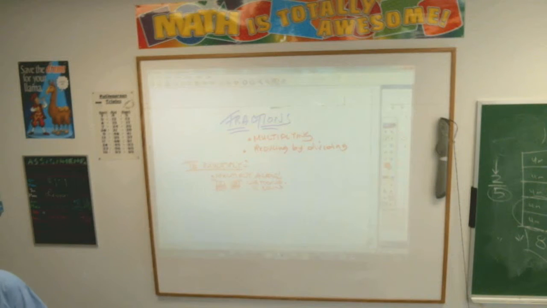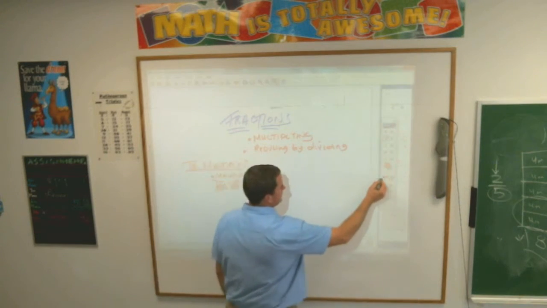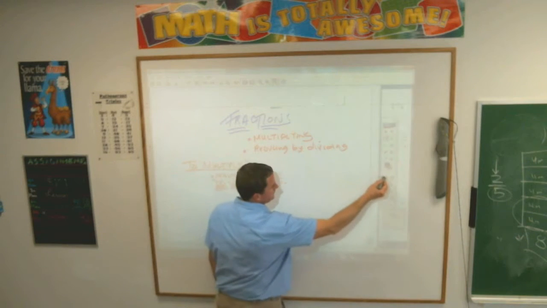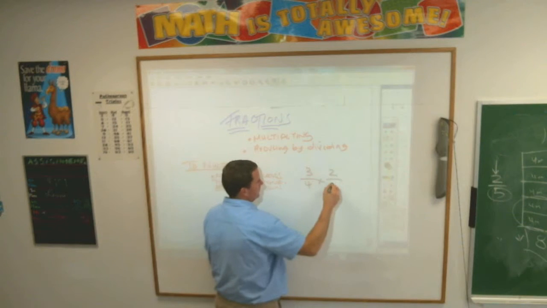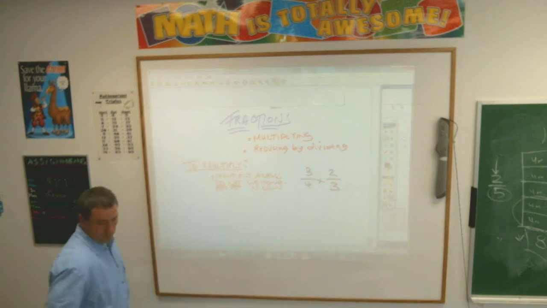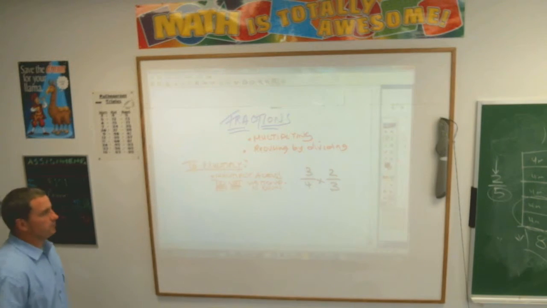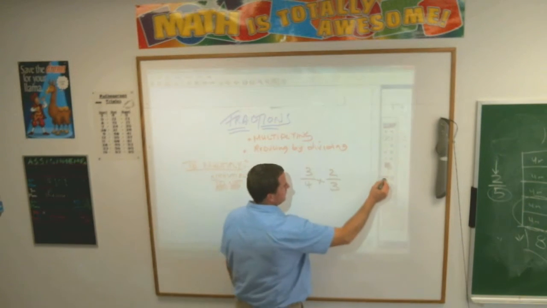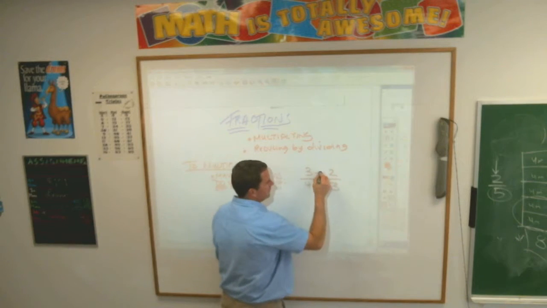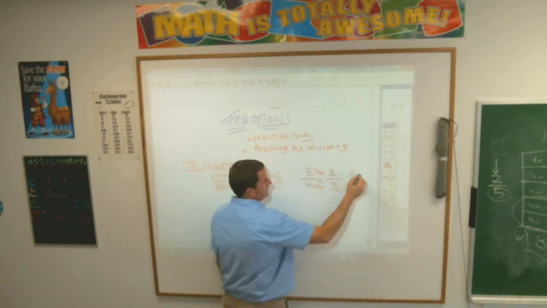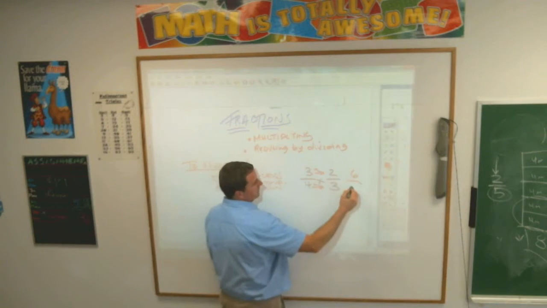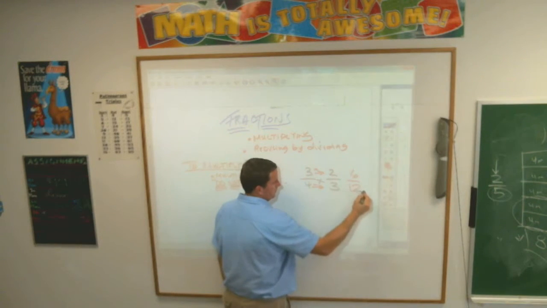For example, if you have 3/4 times 2/3. Three-fourths times 2/3. If you multiply across, what do you get? 3 times 2 is 6, and 4 times 3 is 12.